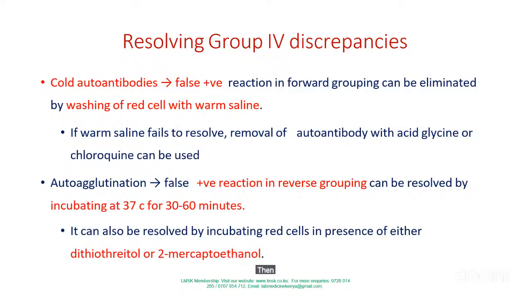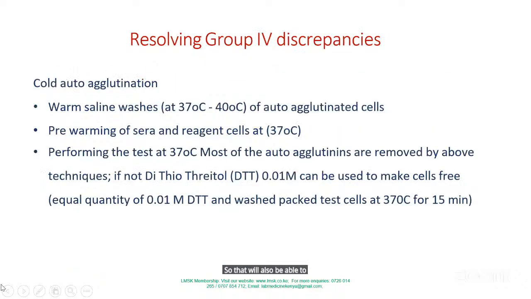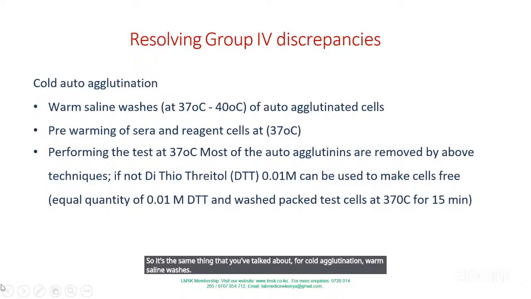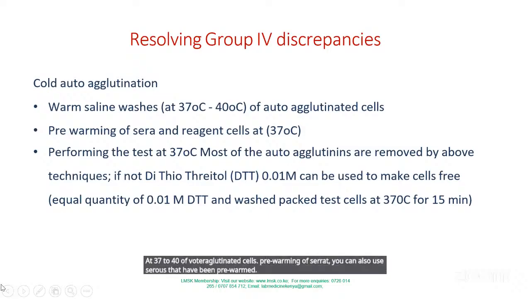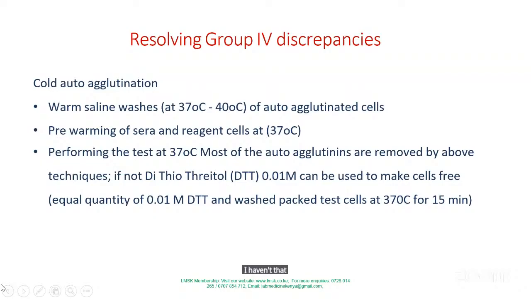Then it can also be resolved by incubating the red cells in the presence of dithiothreitol or 2-mercaptoethanol. So that will also be able to deactivate the cold antibodies. So it's the same thing that we've talked about for cold autoagglutination. Warm saline washes at 37 to 40 of autoagglutinated cells. Pre-warming of sera, you can also use sera that have been pre-warmed, and also reagents that have been pre-warmed at 37.